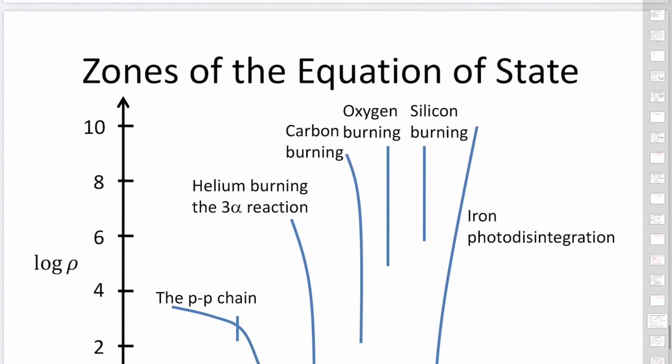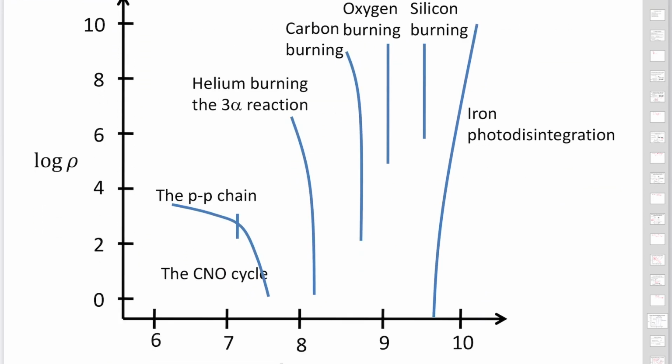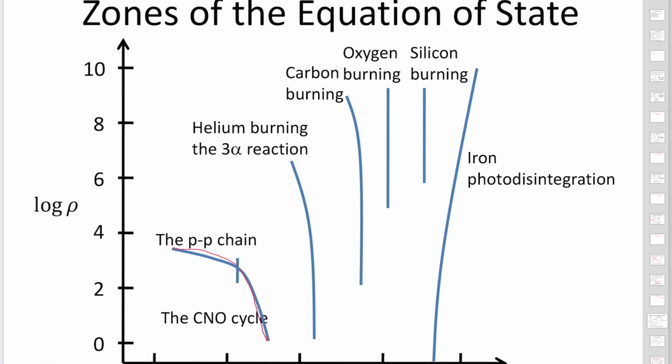Then we'd like to draw the nuclear burning on the log rho log T plane. So the PP chain is here, and the CNO cycle has a really steep slope. And triple alpha reactions, carbon burning, oxygen burning, and silicon burning happen at high temperatures. So as temperature increases, heavy nuclei are burning in the stars. And finally, iron photodisintegration.